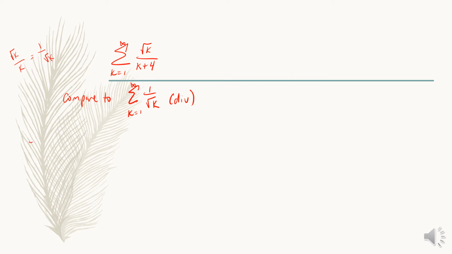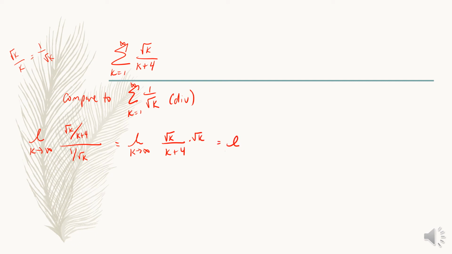So let's compare. I'll have the limit as k approaches infinity of the terms of my first series divided by the terms of the other series. Now I'm dividing by a fraction, so I'm going to flip that second one and multiply straight across. So I'll get the square root of k over k plus 4 times the square root of k.